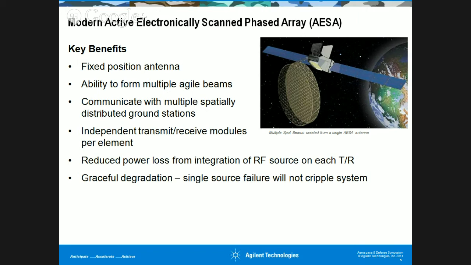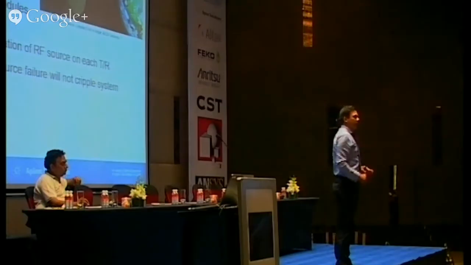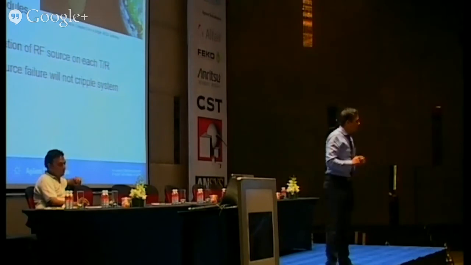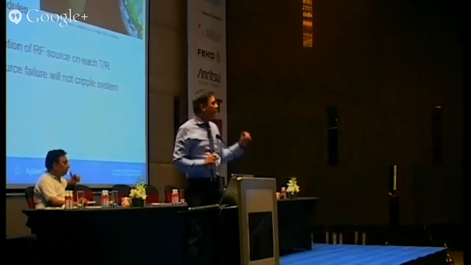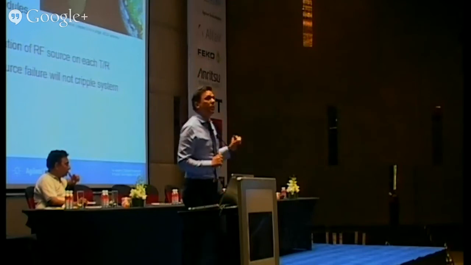In case that amplifier conks off or fails, the whole mission is stuck. However, in this case, because each element has its own TR module and its own amplifier, in case one of the TR modules fails, the whole mission is not stuck. You can still use it without that particular module. And hence, you can have graceful degradation with single source failure, which does not cripple your complete system.